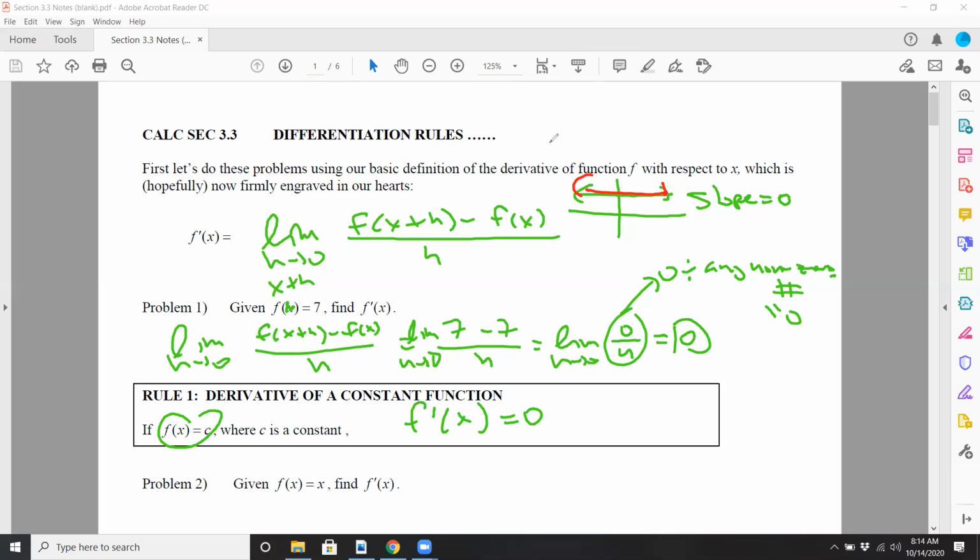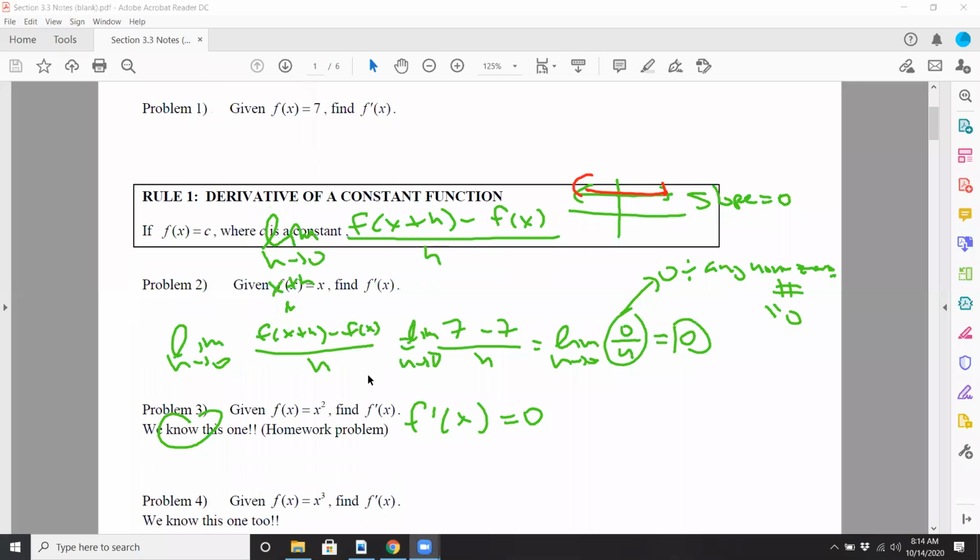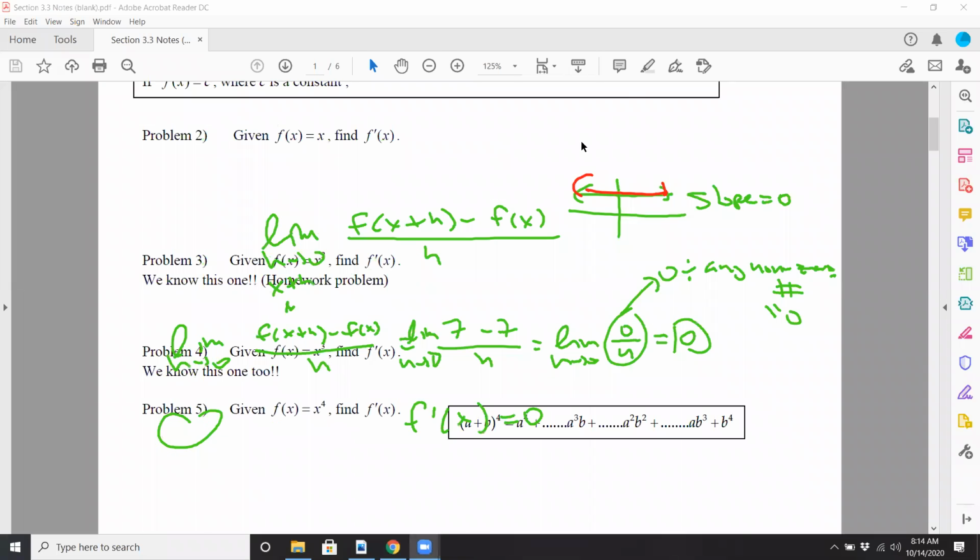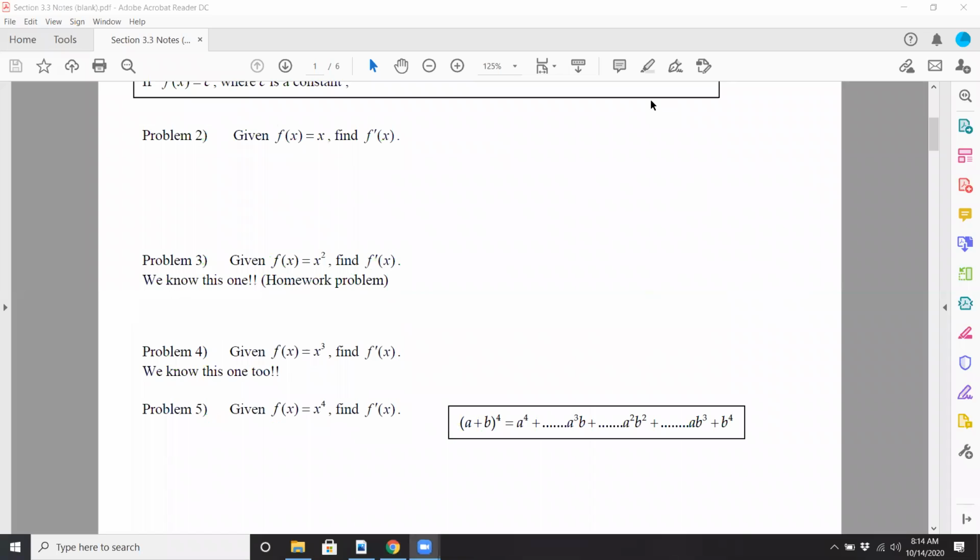Now let's look at another one. Let's look at problem 2. f of x equals x, find f prime of x. Well, I'll do this again. f prime of x is the limit as h approaches 0 of f of x plus h minus f of x all over h.